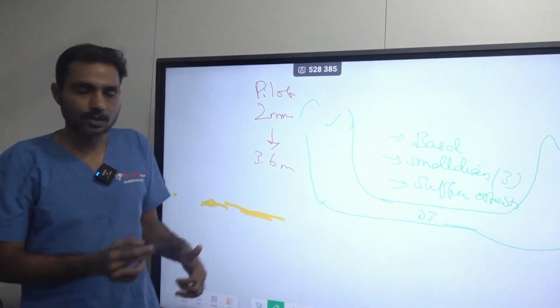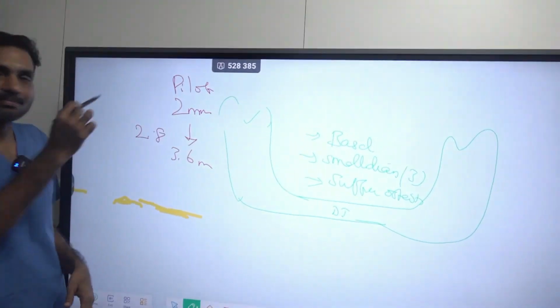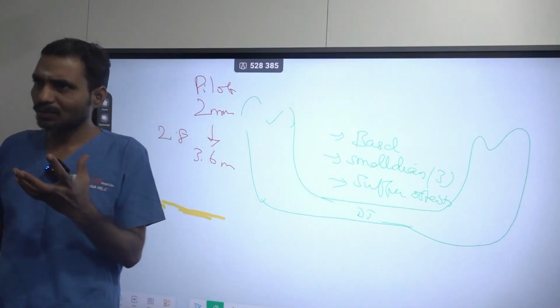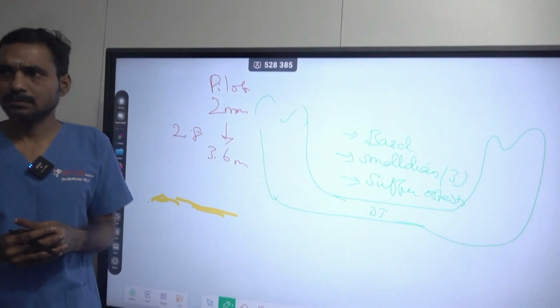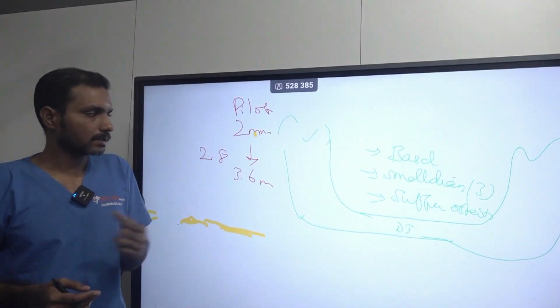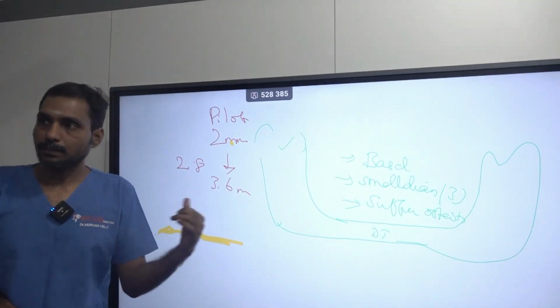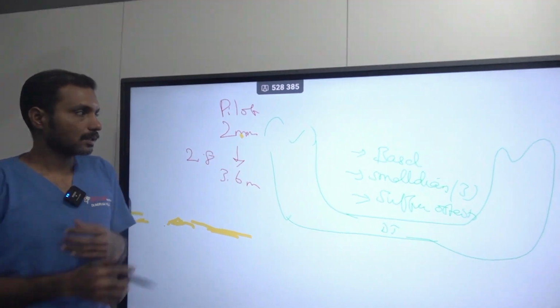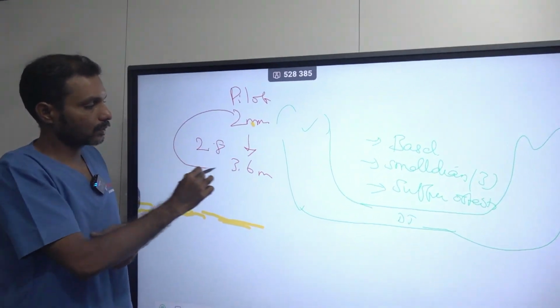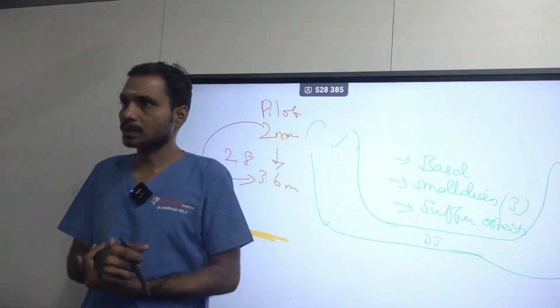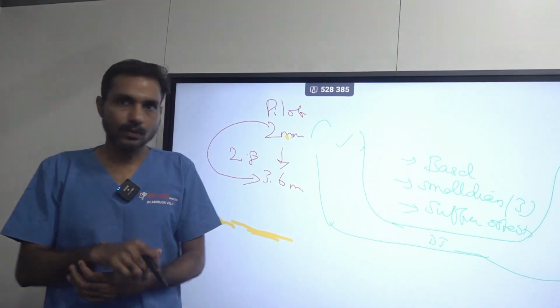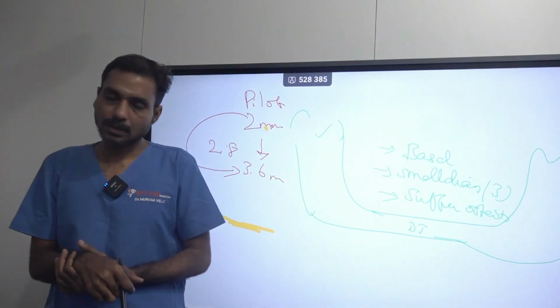So in this kind of situation, use a 2.8 parallel also. Some bigger drill, bigger than 2 mm, and place 3.6. Do not place straight away 2 and 3.6. You cannot insert it. Okay, you will actually crush it and compression will happen again.